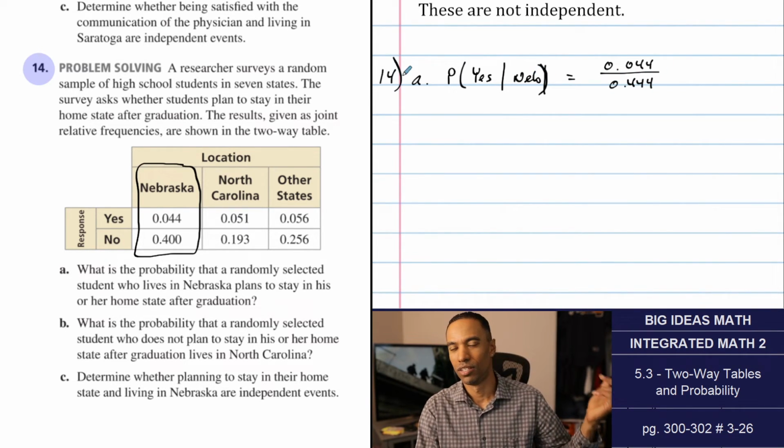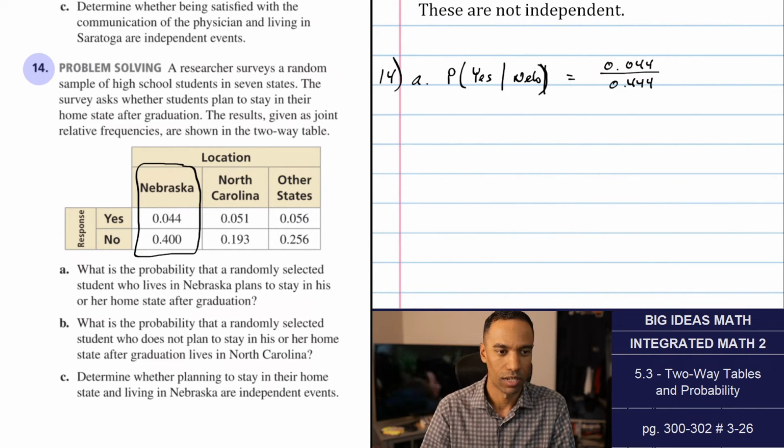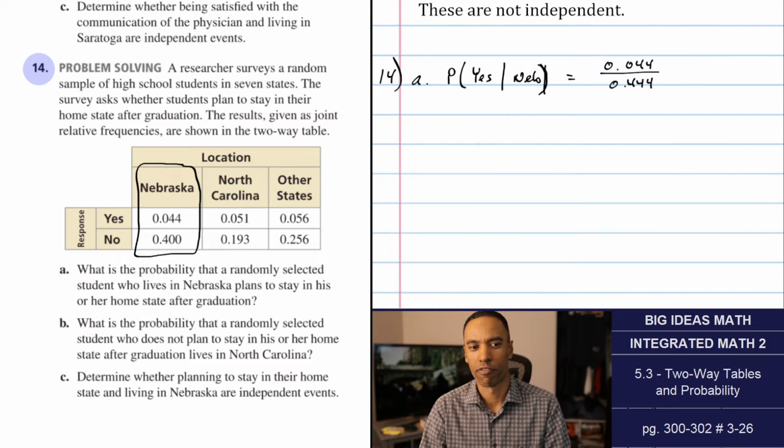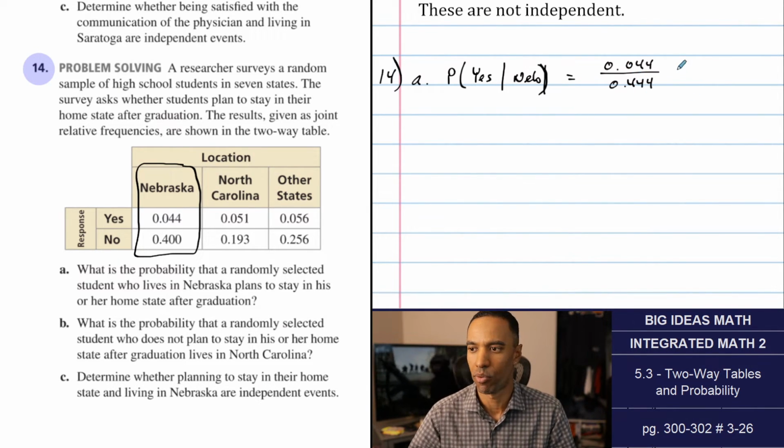Looks like that's a little less than a tenth, or a little less than 10%. 0.044 over 0.444. Now, where am I getting 0.444 from? I'm adding those two up because that's all the Nebraskans. So 0.099. Did I say percentages before? 9.9%.